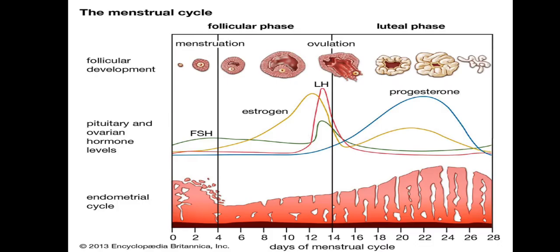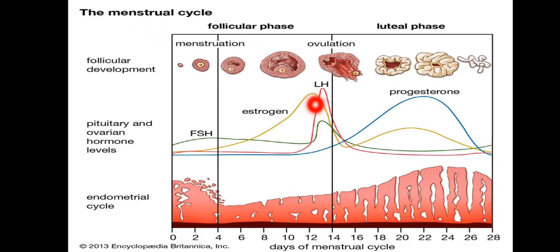This is the summary of everything that I've talked about. Okay, you can see that FSH, follicle stimulating hormone, is increased in the follicular phase here, when this particular follicle is developing. It will start dropping a bit, then it's going to increase here again, and then it's going to drop on this side. You can see that LH is high almost at ovulation day, between day 12 and day 14.